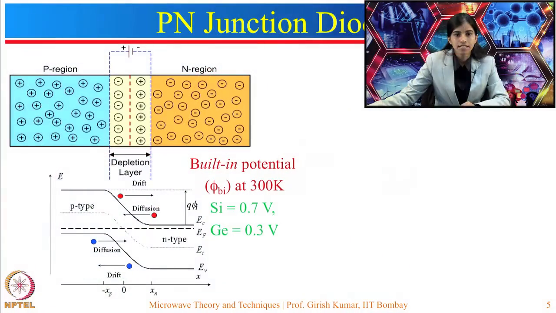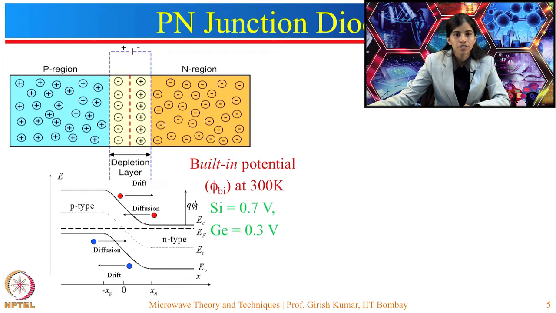Therefore, in equilibrium there is no flow of current due to the built-in potential. The built-in potential is defined by the impurity atoms or the doping profile and the type of material used. The built-in potential for silicon is 0.7 volt and for germanium it is 0.3 volt.